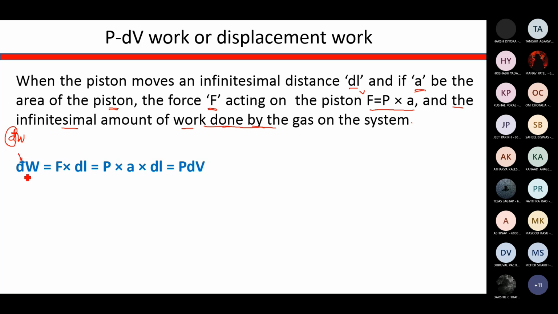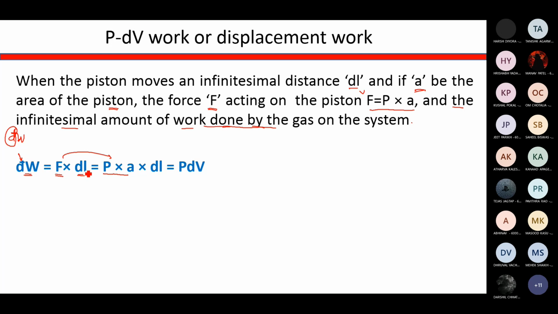Wait for some time. So the DW work, the infinitesimal amount of work done by the gas on the system, will be equal to the force F acting on the system or the piston, multiplied by the small incremental distance dl.